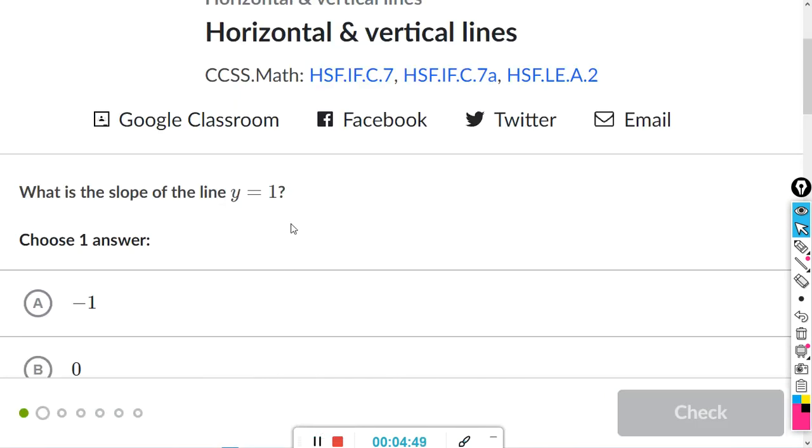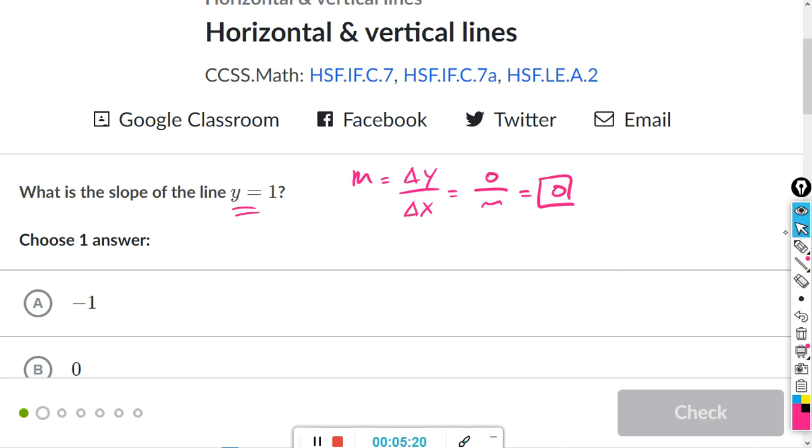Okay, what is the slope of the line y equals 1? Well, we know slope is change in y over change in x. Since y equals 1, y does not change, so the change in y is just 0, and the change in x is some number. 0 over some number is just 0, as long as there's not a 0 in the denominator.